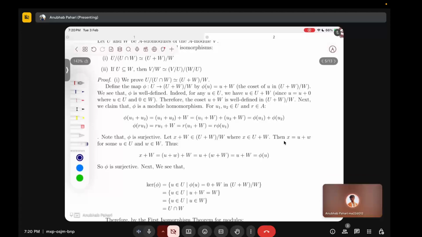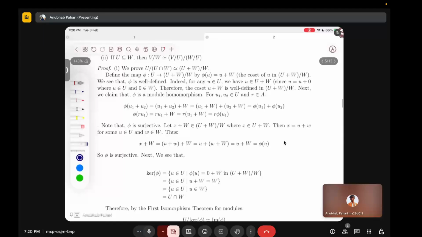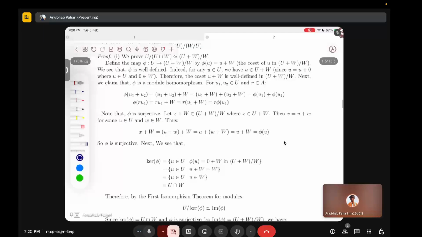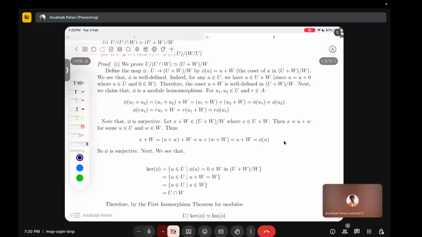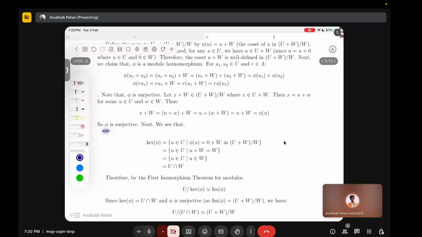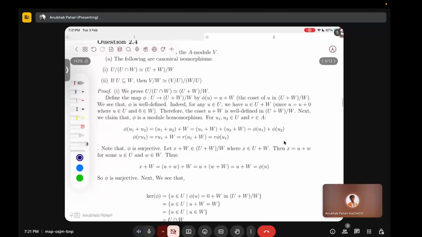If you take any element small x plus capital W from this, where x belongs to U plus W, then your x should be small u plus small w for some small u belonging to capital U and small w belonging to capital W. Thus you can write this as small x plus W in this form, small u plus small w plus capital W, and since your small w belongs to capital W, this can be rewritten as this, which is again your phi of u. So phi is surjective.